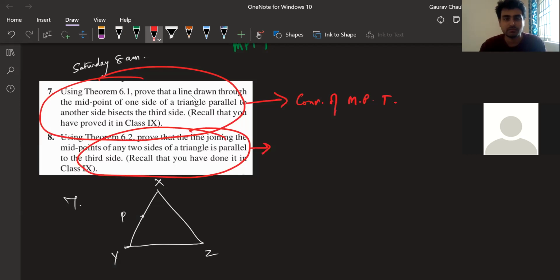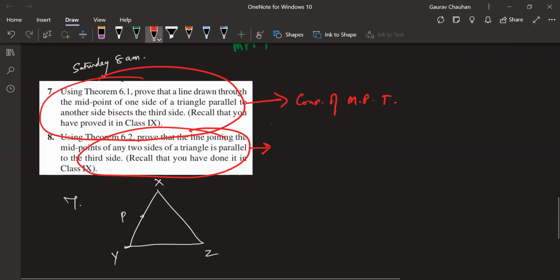This theorem. So your voice is breaking. This 8th question. Give me a minute. Sir, that is Midpoint Theorem. Yeah, this one. Your voice is breaking, sir. This one is midpoint theorem. Tulsi, can you tell me if now also it's breaking?